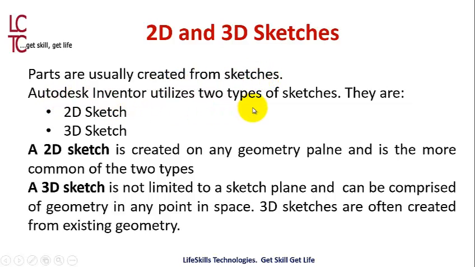And in Inventor, there are two types of sketches. The first one is the two-dimensional sketch, 2D sketch, or the three-dimensional sketch. The idea of 2D and 3D, I believe, is not new to you. In primary school or secondary school, they told us that a rectangle is a two-dimensional object because it has only length and breadth.